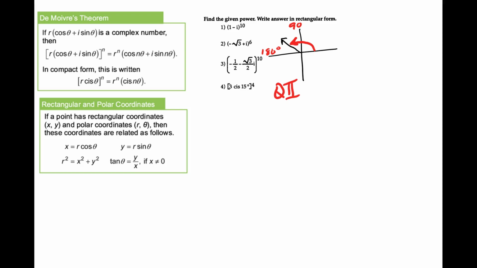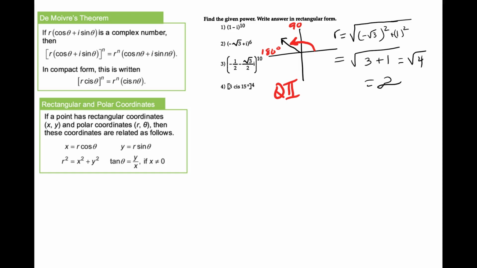Okay, so let's find our r value. r will equal the square root of negative square root of 3, squared, plus 1 squared. That works out to be 3 plus 1, which is the square root of 4, which is 2.